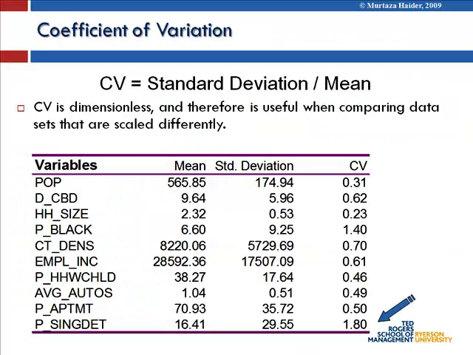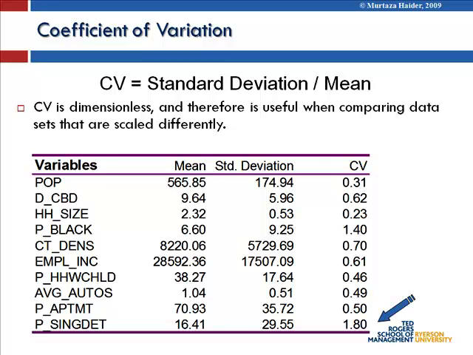The next measure that we will be working with is the coefficient of variation. If you were to create a link between the measure of central tendency and the measure of dispersion, that would be the coefficient of variation. If you take the standard deviation of a data set and divide it by its mean, that gives you the coefficient of variation. It has no dimension, it has no unit, because the standard deviation and the mean are measured in the same units, and when you divide them, the resulting statistic is dimensionless.